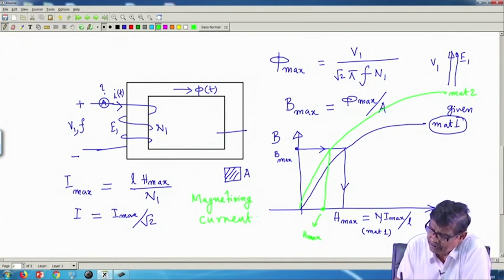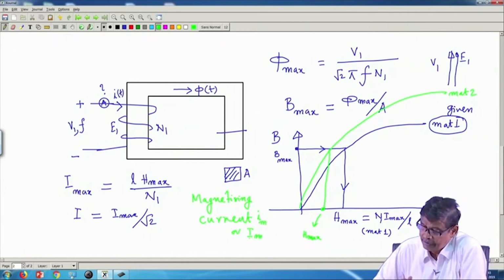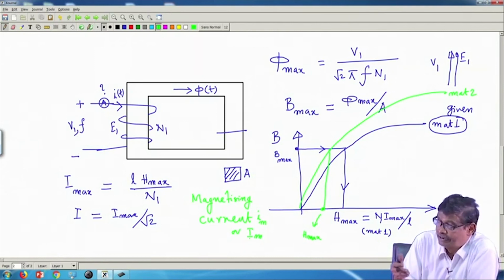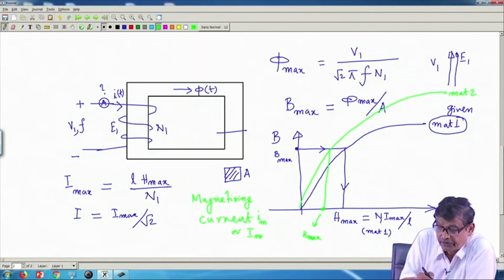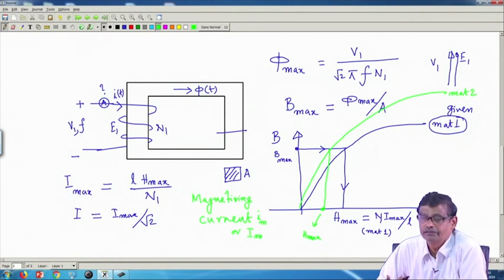It is usually denoted by instantaneous value i m or RMS value I m. No maximum, it is the magnetizing current. We see that if you go on replacing this core material by better and better material, the current drawn, the ammeter reading, will become smaller and smaller.